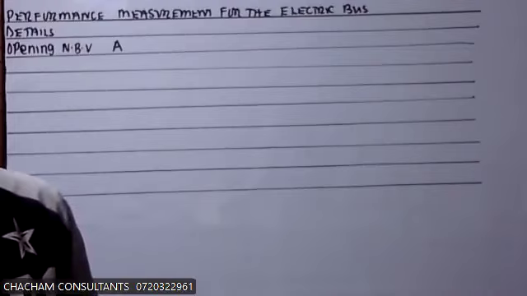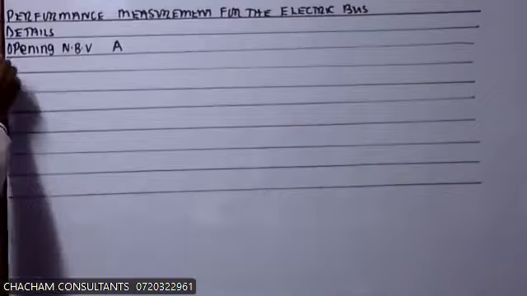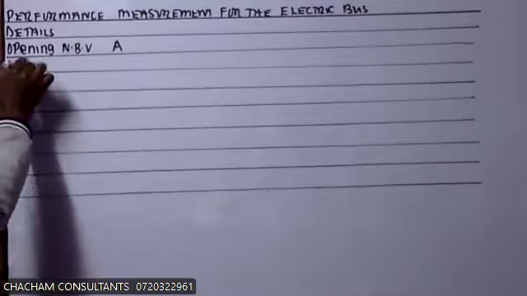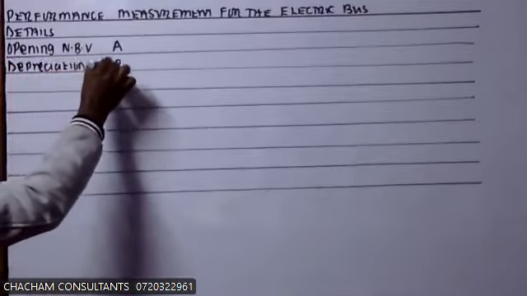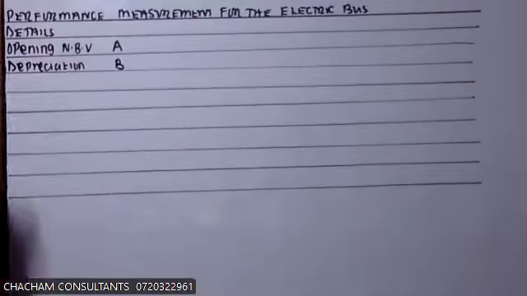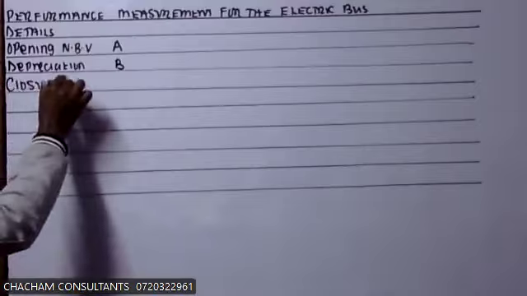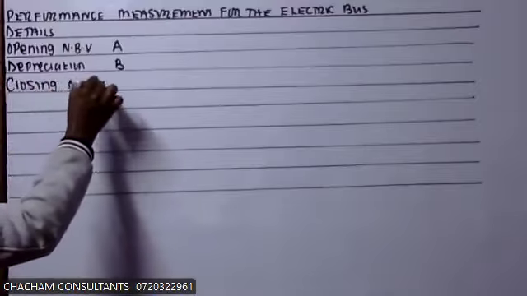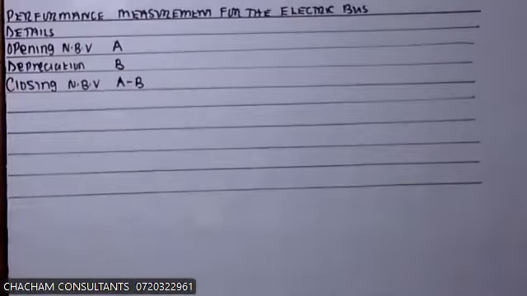Written down value is also the other word for net book value. Then we bring the depreciation. Now depreciation, we normally designate it as B. Then we have the closing net book value, which will be given as A minus B.